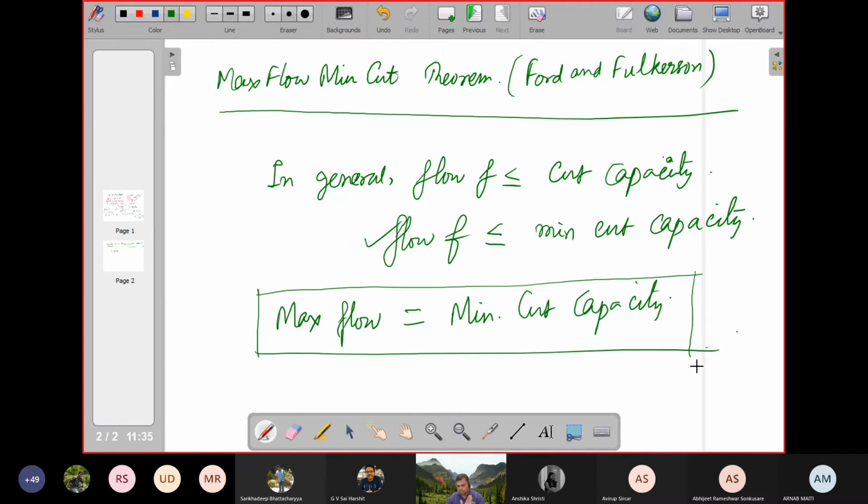That is, the max flow is equal to the min cut, which will also be reflected in the final result of the algorithm, right? Is it clear up to this point about the theorem, what it is trying to say? Yes, sir. So now we go to the algorithm, that is the labeling algorithm.